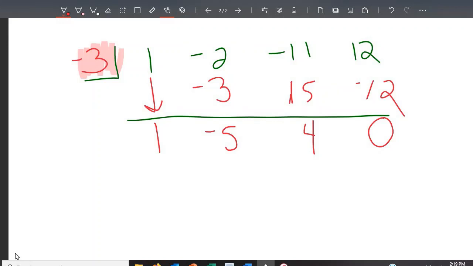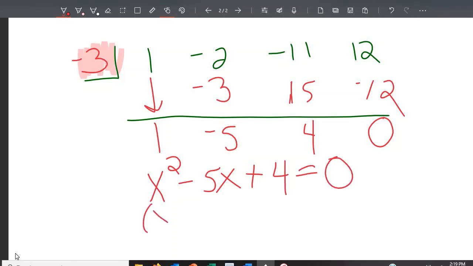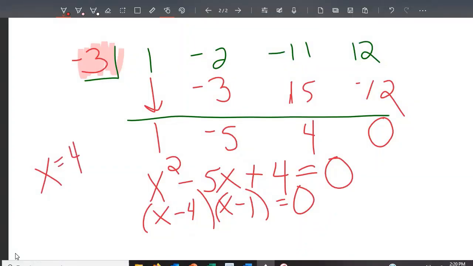So we bring down the coefficients and put them back in front of the variable. Set it equal to 0. Then we factor and solve for the other two roots, or zeros, or whatever you want to call them. When we solve, x minus 4 gives x equals +4, and x minus 1 gives x equals +1.